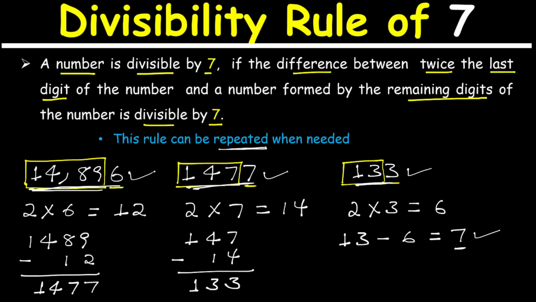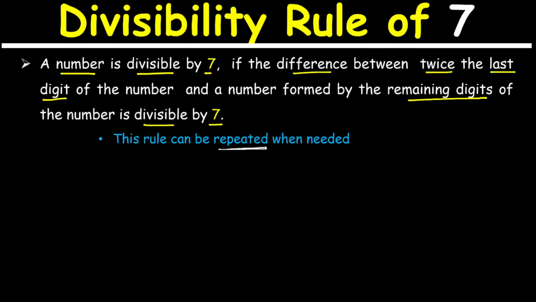Let's see 2 more examples. Is the number 89 divisible by 7? The last digit of the number 89 is 9, and the number formed by the remaining digits is 8. Twice of the last digit is 2 multiplied by 9, which is equal to 18.